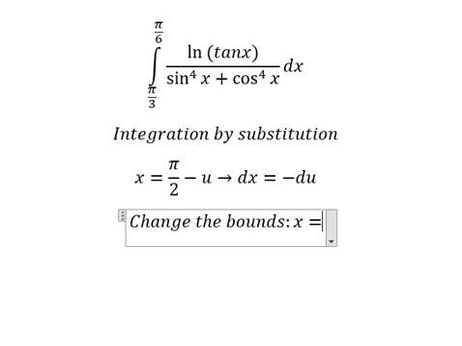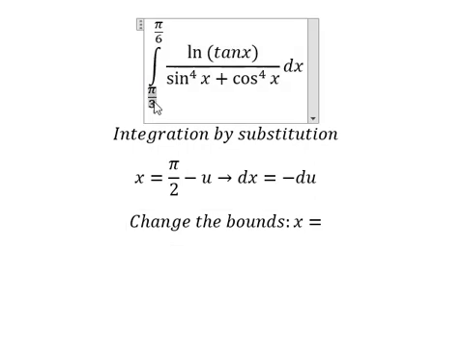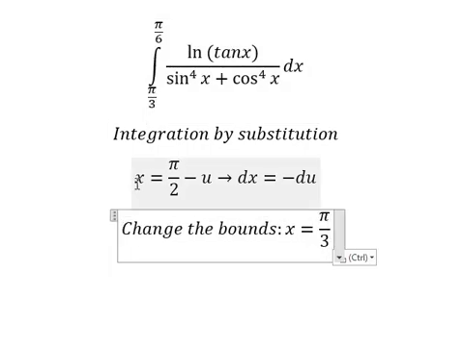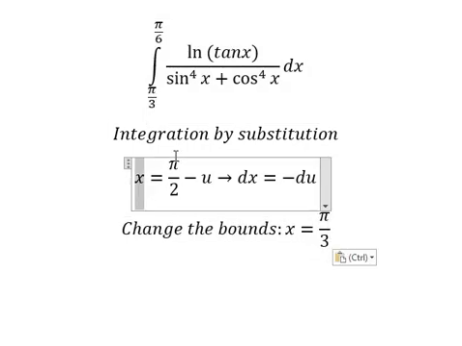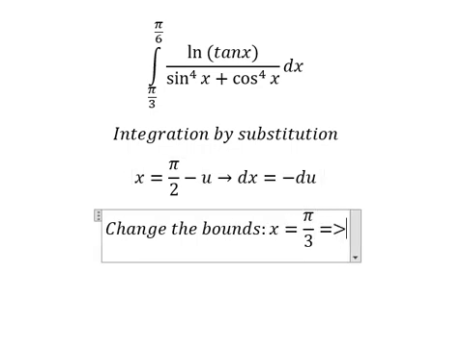When x equals b over 3, so I will put this one in here, and we can find the value of u, that is b over 6.